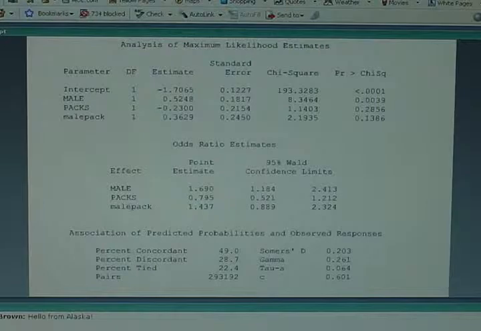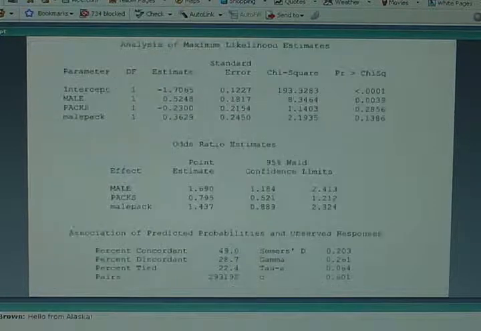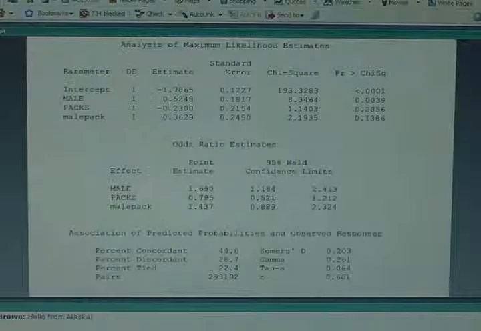If B3 is equal to 0, this term here essentially drops out of the model because B3 would equal 0 if the null hypothesis is true. And I'm left with the model I had previously that did not have the interaction term. So in many ways, what we're hoping for is that the interaction term would be non-significant, to justify not having to include these interaction terms. Because if you do include these interaction terms, your interpretation of the other coefficients becomes more difficult.